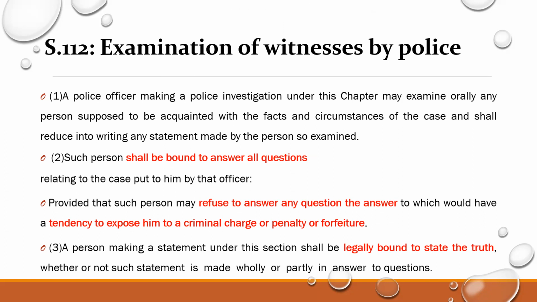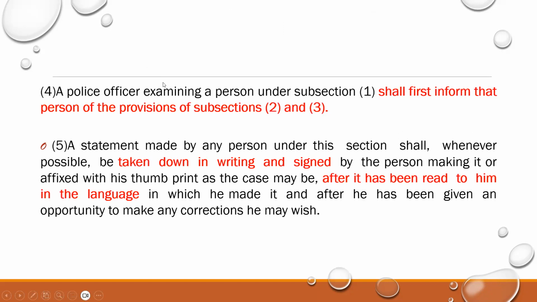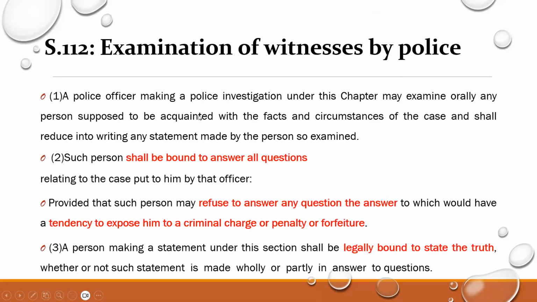Panggil 10 kali pun tak mau datang. I have no choice but to catch you, to take action against you. Okay. So later on, we need to look at section 112. Section 112 is rakaman percakapan.